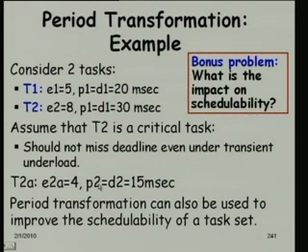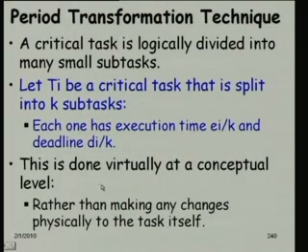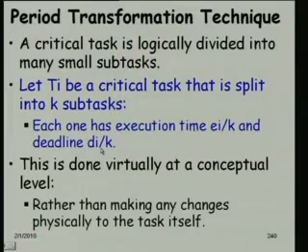just one observation here, I think I forgot to write here that see, even though we are splitting it into k smaller tasks, the actual deadline is on the last task, isn't it? The last of these smaller tasks is actually critical.